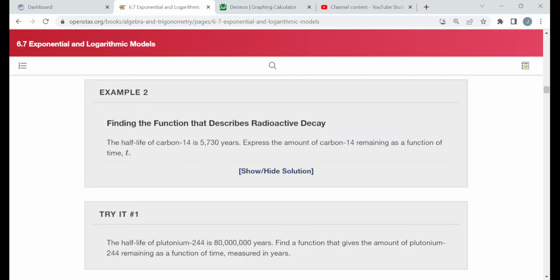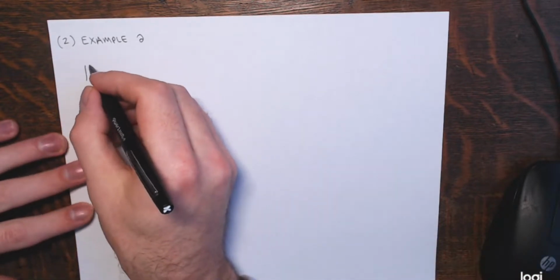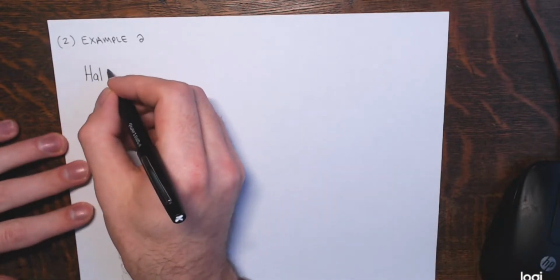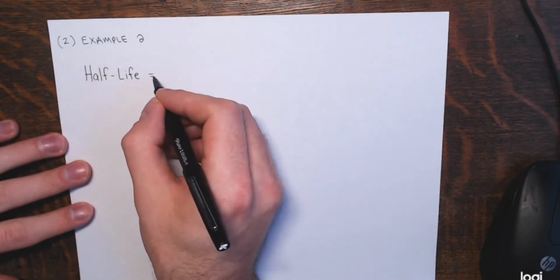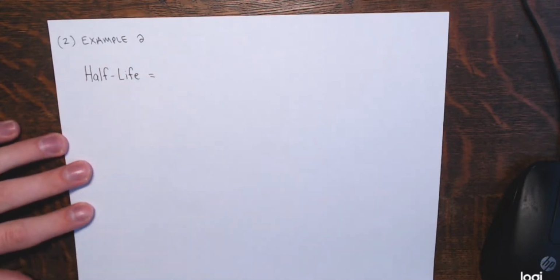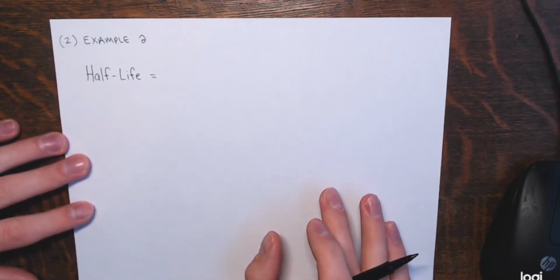Alright, so here we're not given some initial amount, so we're not going to be able to find a sub 0. We'll just leave it as a sub 0. But when they say half-life, this is the amount of time it takes for a substance to decay to half its original amount.